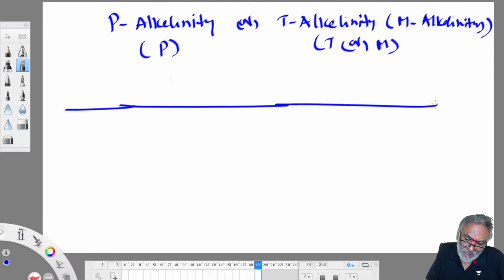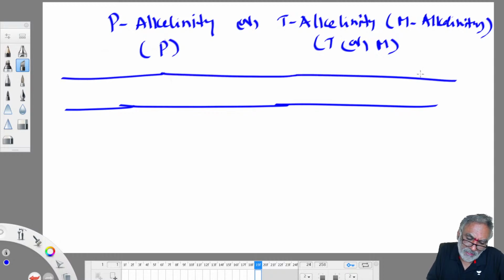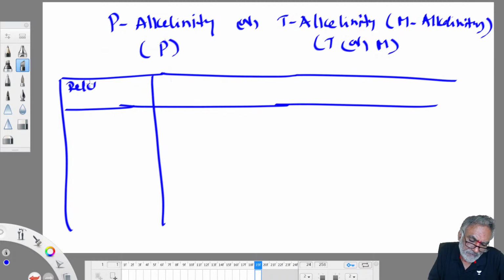So the concentration of substances that cause alkalinity in water we can work out by using this relation between P and T. Using these P and T values we find out substances that cause alkalinity to water.